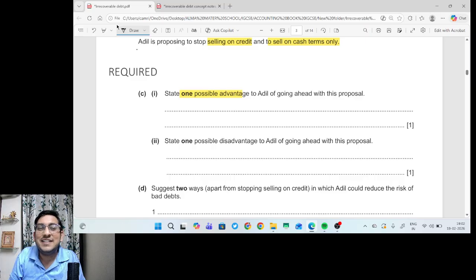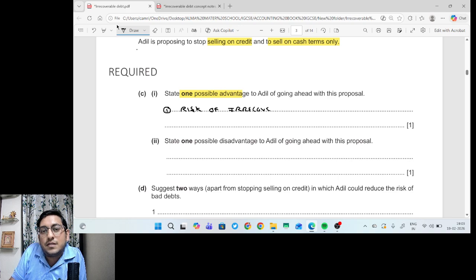Right. So can I say if he stops selling on credit, his risk of irrecoverable debt may be eliminated? Because when you are selling for cash, there is no risk about whether the money will come or not, because it has already been received. So the possible advantage would be that the risk of irrecoverable debt can be fully eliminated.